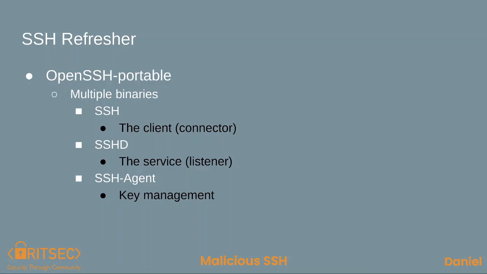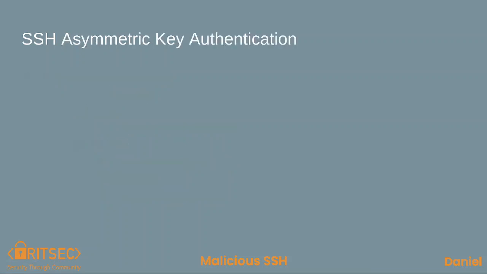The three I'm going to talk about are SSH, which is the client. It's what you use when you want to authenticate to another machine. SSHD, which is the service, a listener on the box that you're authenticating to. And then SSH-Agent, which is the service that manages all the keys and identities and ties that all together.